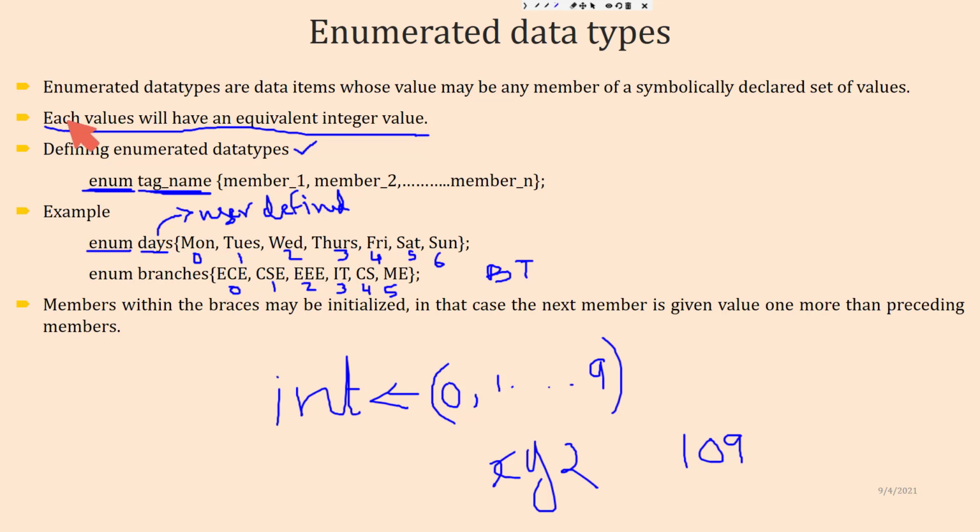Members within the braces may be initialized. In that case, the next member is given a value 1 more than the preceding value.